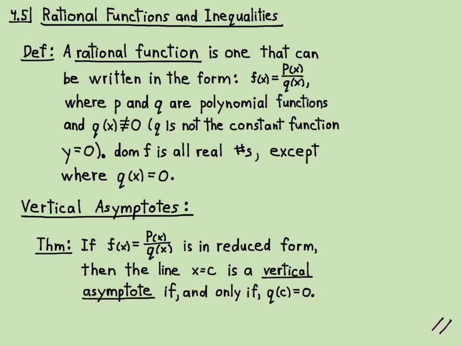If it's not in reduced form, then you could have points where q of c equals 0 and they're just holes in the graph rather than vertical asymptotes. Okay, so that's that.